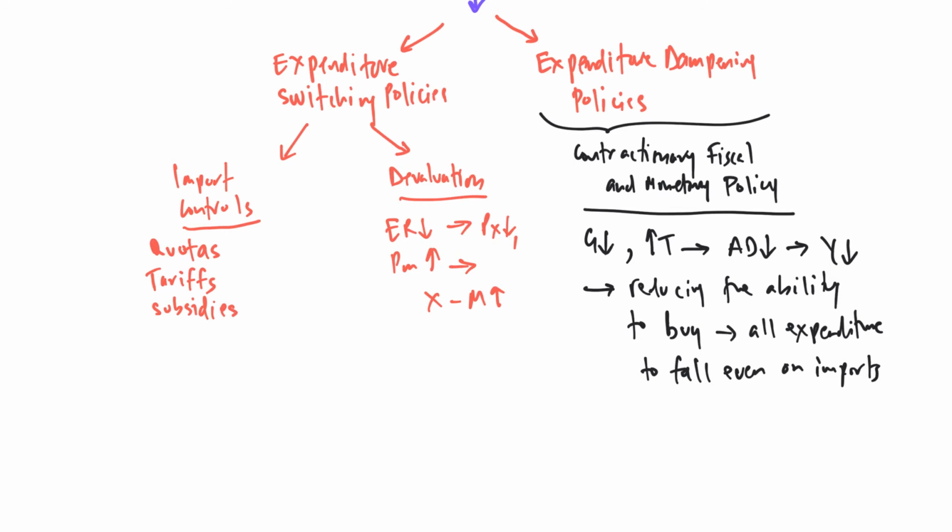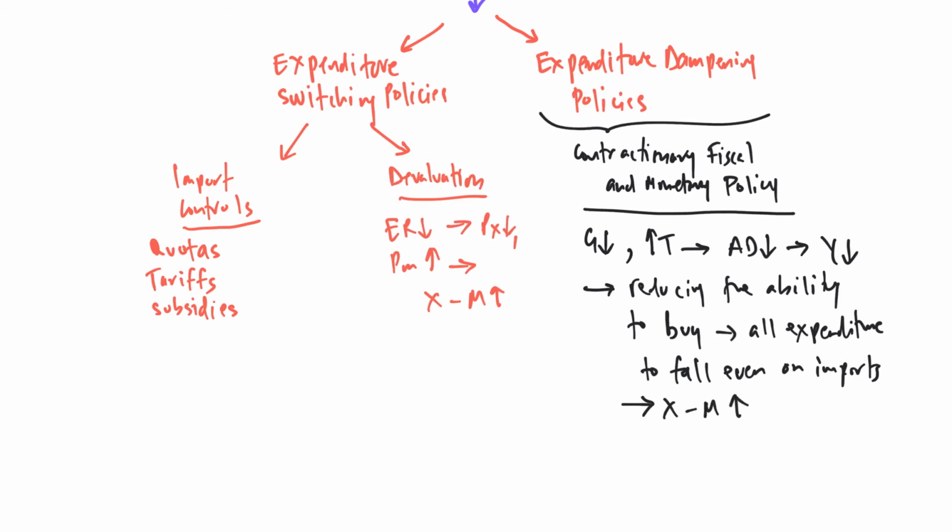So through contractionary fiscal and contractionary monetary policy, we make AD fall, therefore GDP fall, therefore the ability of people to buy fall, and therefore all expenditure, even on imports, fall, making our X minus M go up.